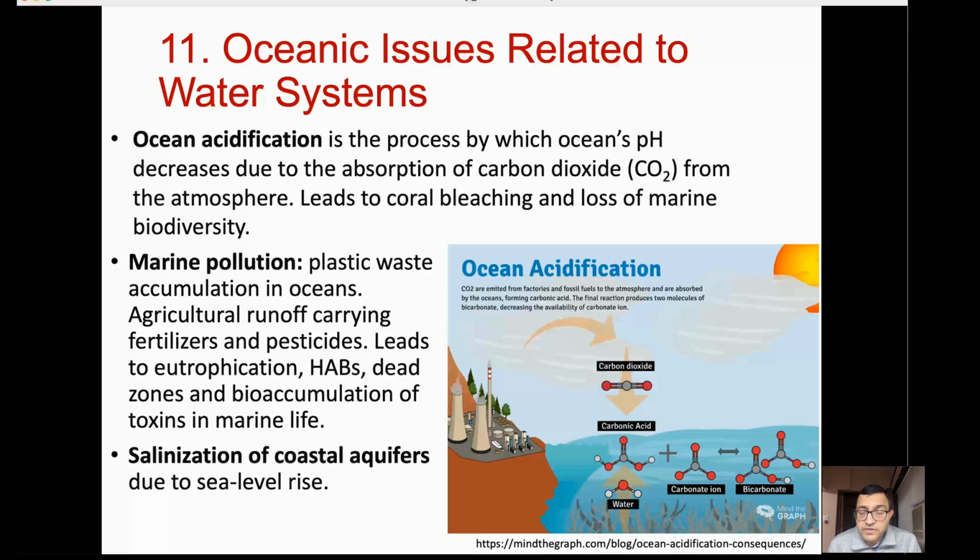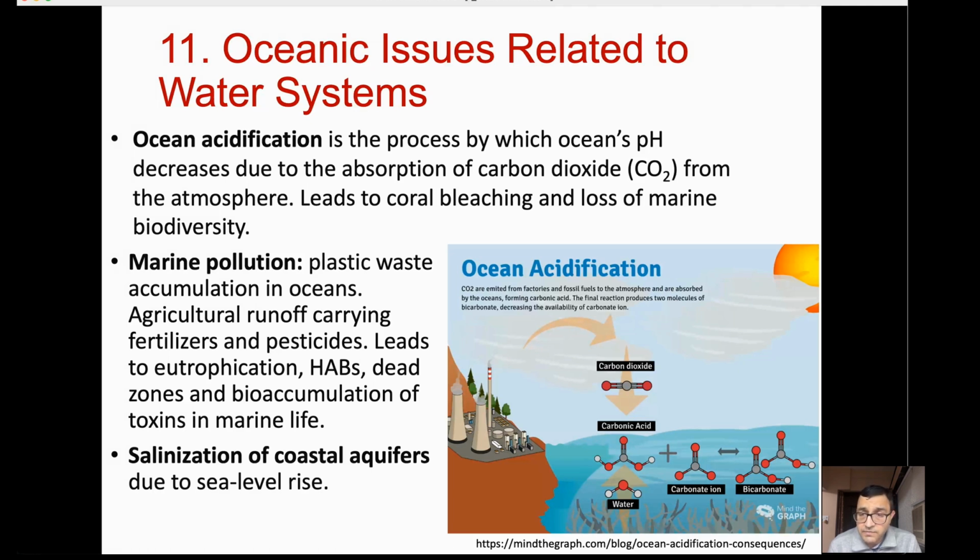And this schematic here shows how the carbon dioxide that equilibrates from the atmosphere to the marine water, forming carbonic acid, and that dissociates to form carbonate and bicarbonate ion, and those can take up calcium and reduce the calcium content in the marine waters, which leads to coral bleaching and loss of marine biodiversity.